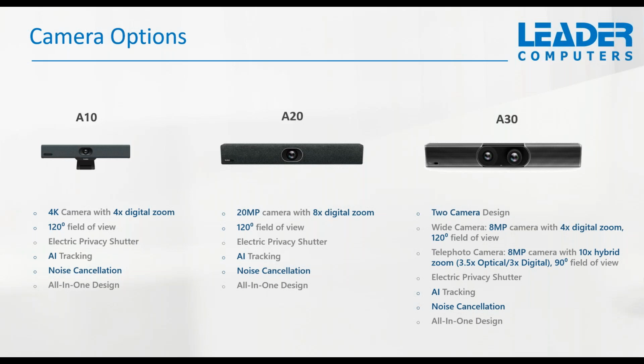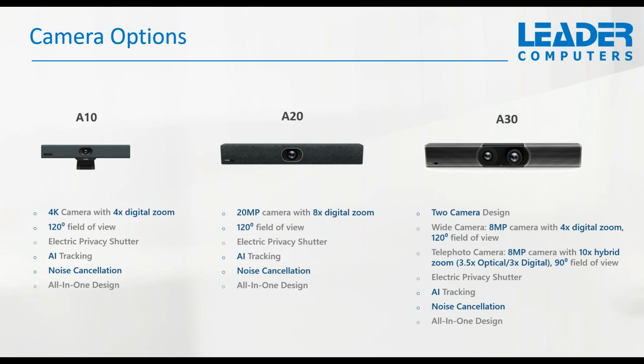So as you can see, the A10, the A20, A30 all have 120-degree field of view on that digital zoom lens. Now with the A30, there is an exemption because it does have that second lens as well, which has a 3 times or 3.5 times optical zoom lens.